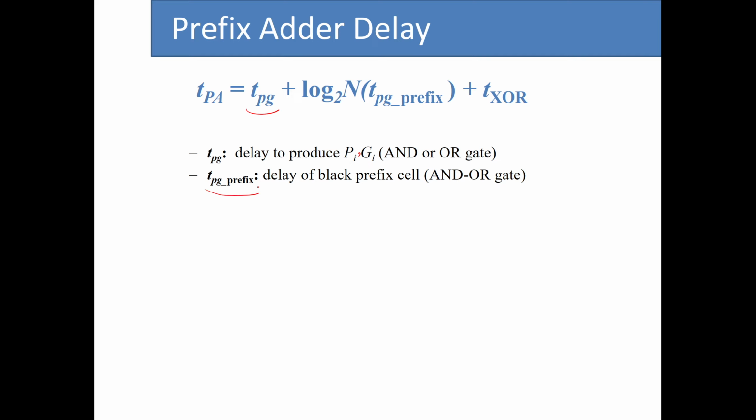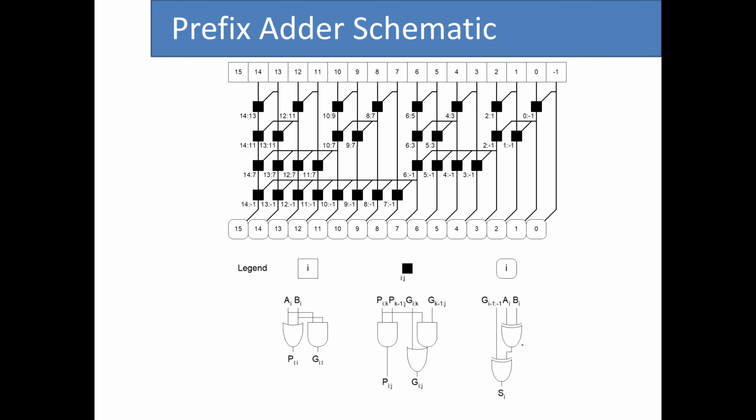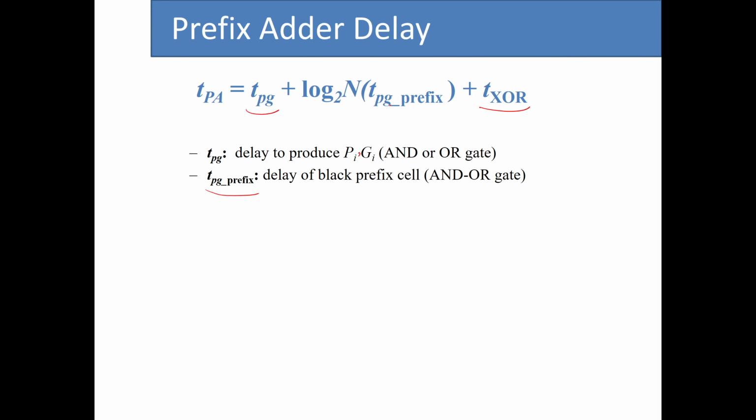And then we have the TPG prefix, which is the delay of the black prefix cell and OR gate. And then finally we have the delay of the XOR gate that we have for the final stage. So here you can see that the delay is actually calculated as log 2 of n multiplied by t of PG prefix.